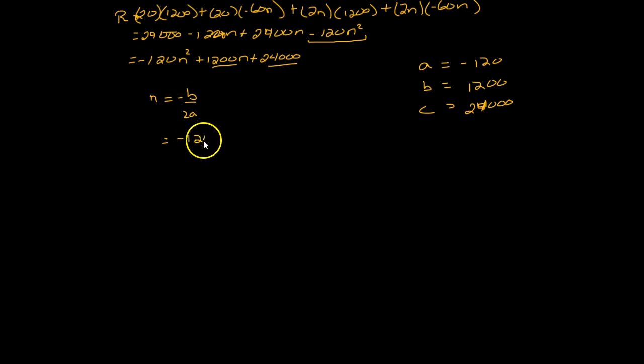So negative 1200 over 2 times negative 120, so negative 1200 over negative 240.